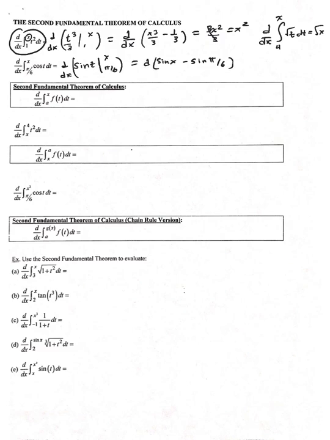Now, when we get the derivative of this, the derivative of sine is just cosine. And the derivative of a constant is 0. So look at what we just get, just cosine x. So we could have just put the x in to begin with. So the second fundamental theorem of calculus tells us that when the upper bound is x and the lower bound is some constant, it's just f of x. That's simple.